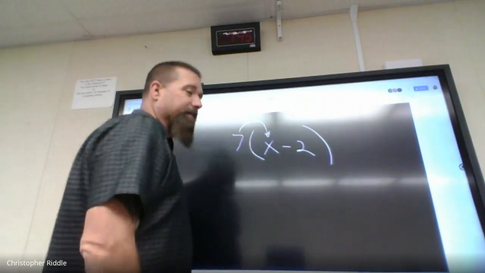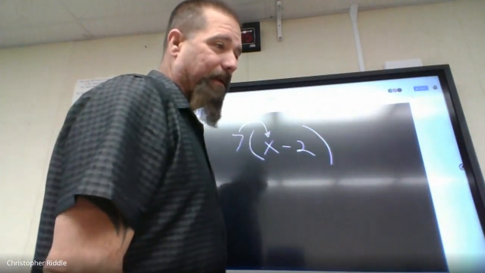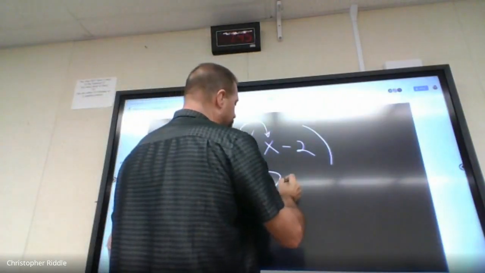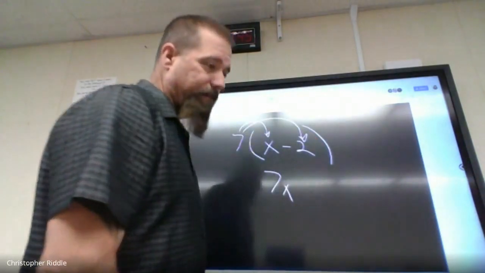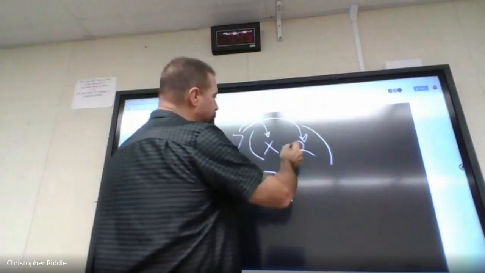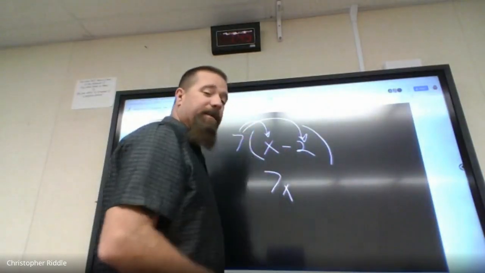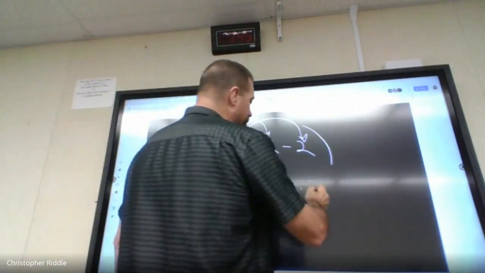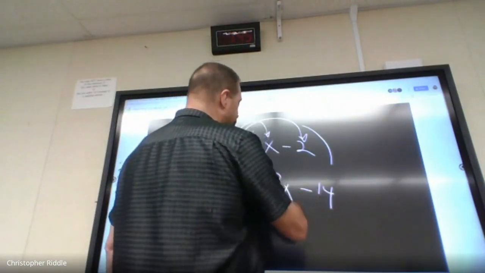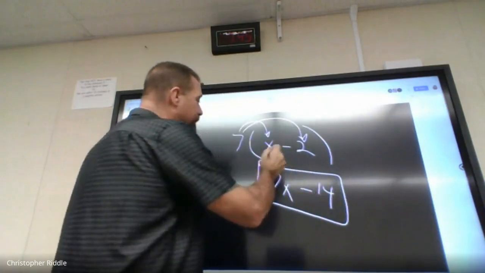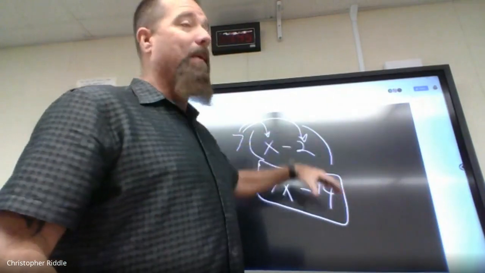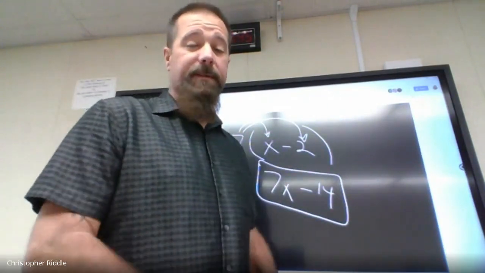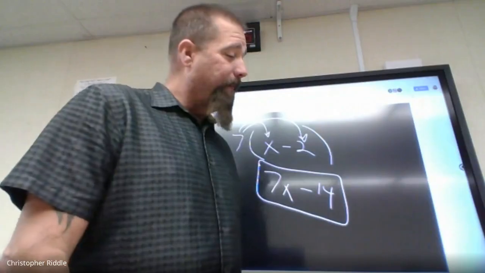What's 7 times x? 7x. And then what is 7 times 2? 14. Since we have a negative and a positive, with the signs being different, the answer will be negative. So we have negative 14. This is the only thing we had to do when distributing: take what's outside the parentheses, multiply it times what's inside, and get rid of the parentheses, right? Yeah.